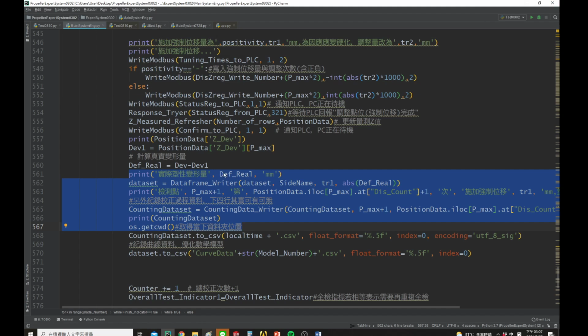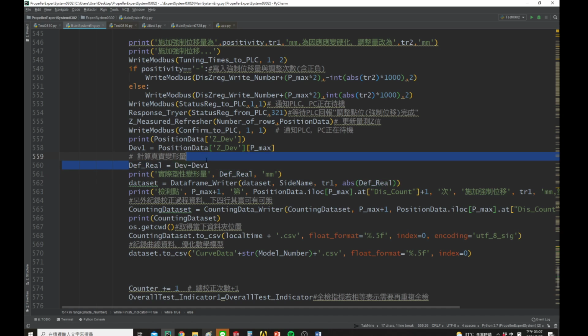Here we calculate our real deformation, and then we enter here.